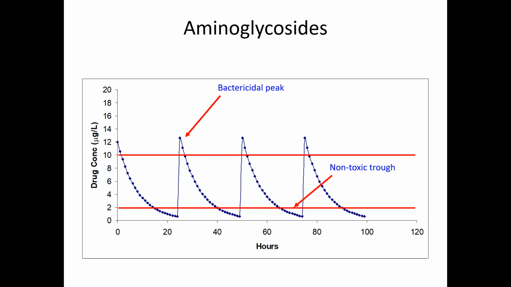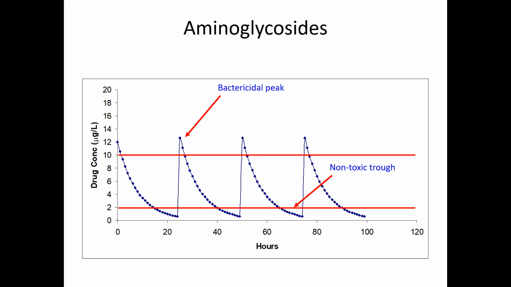The other is safety profile. Like the bactericidal peak, the drug must attain a safe trough level, below the therapeutic range, even for some time, 30 minutes, 40 minutes, 1 hour, to reduce the chances of nephrotoxicity.